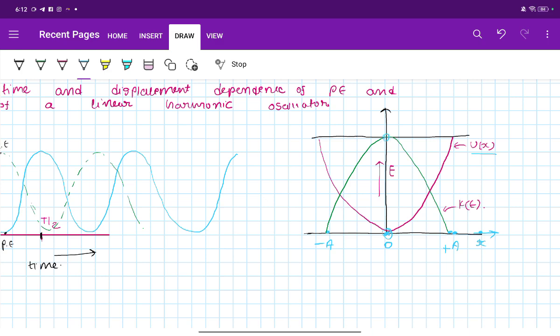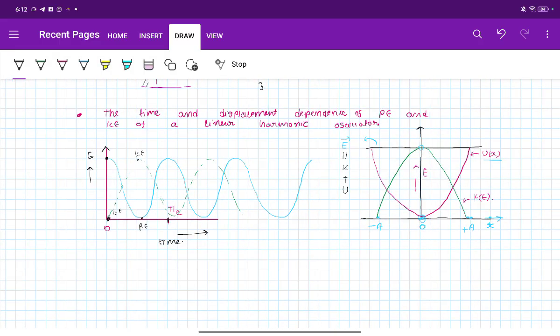And this black line represents total mechanical energy. You know total mechanical energy is kinetic energy plus potential energy, so here basically energy gets conserved.